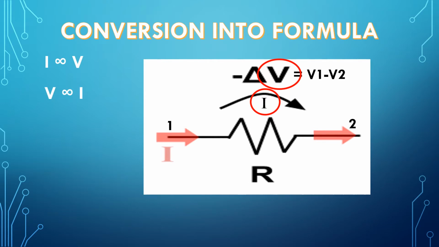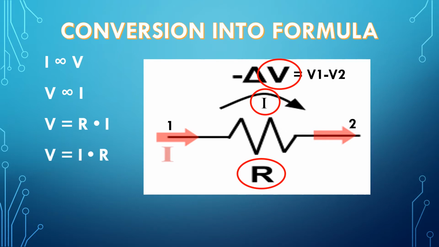Also, we can write voltage is proportional to the current. Now, to convert this proportionality into an equation, we have to introduce a proportionality constant, and in this case it is R, which is resistance.